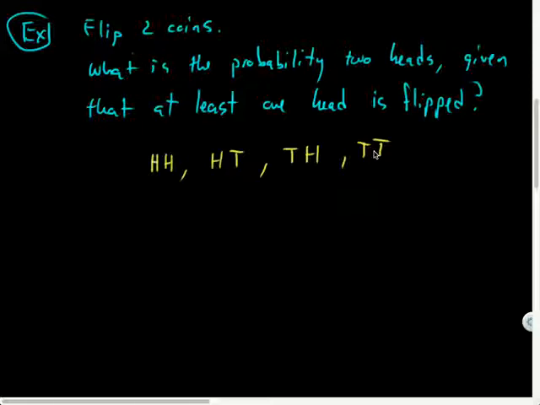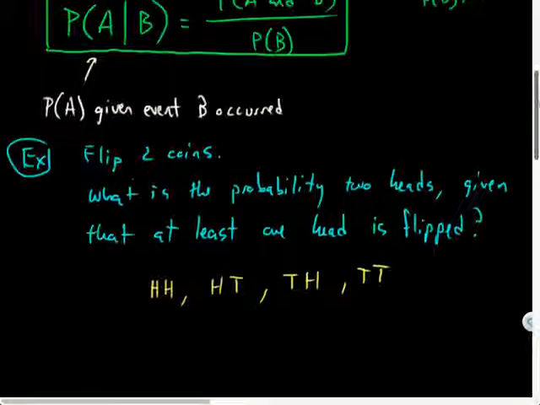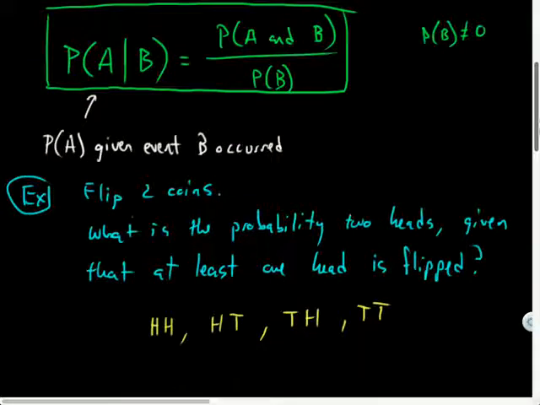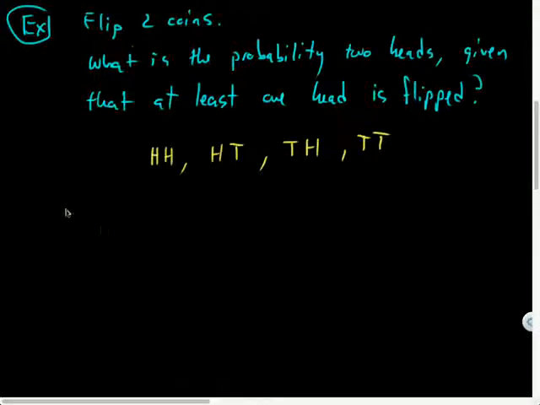So according to our formula, what do I want to find out? I want to find out the probability of A and B occurring. So what's the probability of 2 heads and at least 1 head?